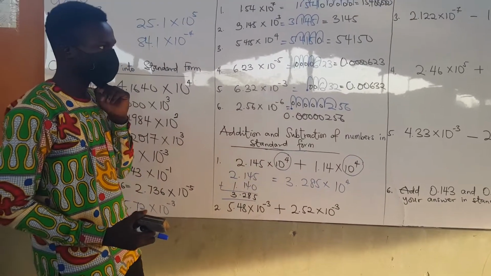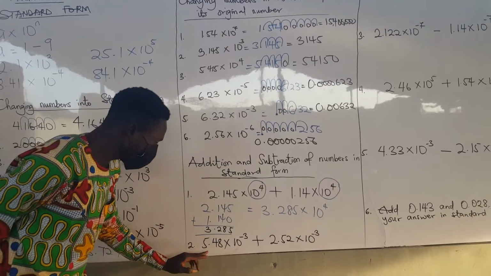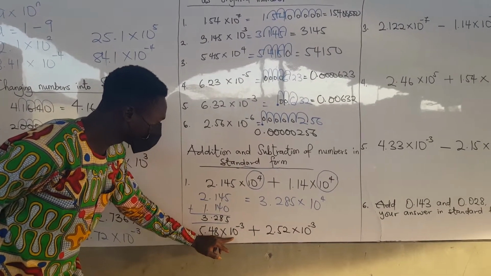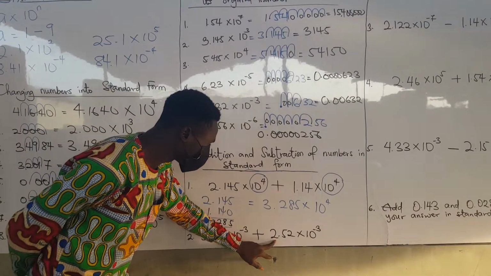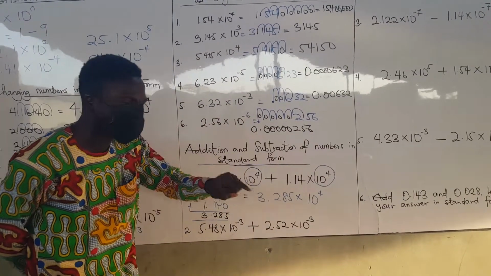Then you go. Let's look at number 2. We have 5.48 times 10 raised to the power 3 plus 2.52 times 10 raised to the power negative 3.